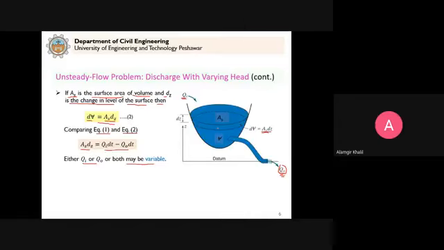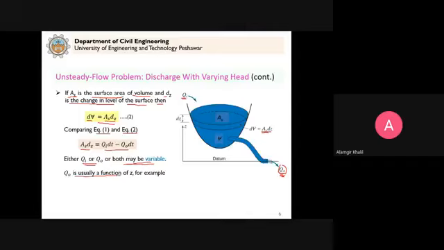So either Qi or Q naught or both may be variable. But commonly Q naught is variable, and Qi can be zero, constant, or variable.